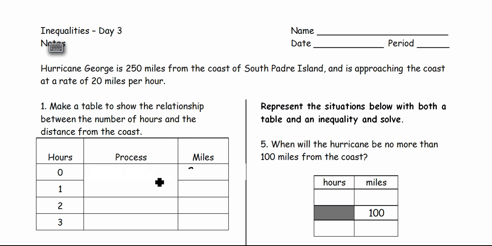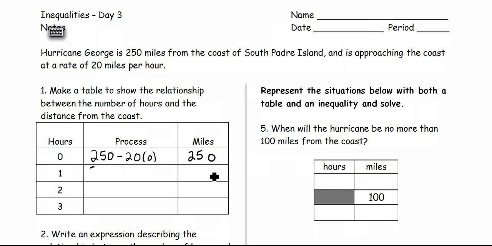So once you get that, you can see that at 0 hours it's 250 miles from the coast. So we'll just keep doing that for each of these. And I can go ahead and put the 250 in there. 250 minus 20 minus 20 minus 20.